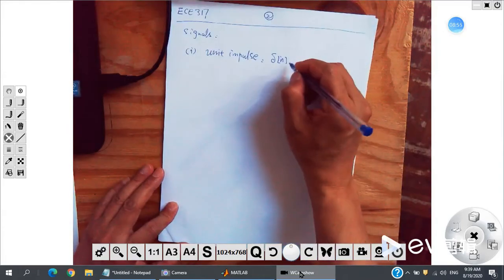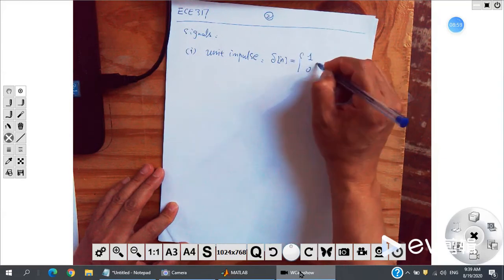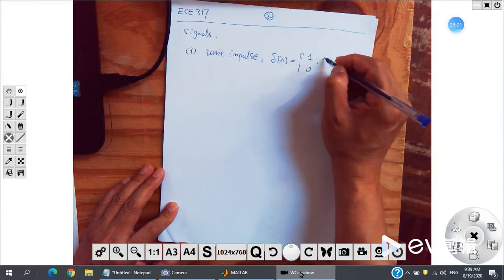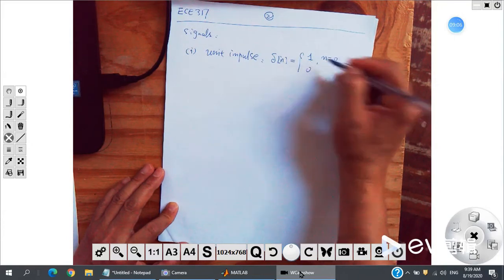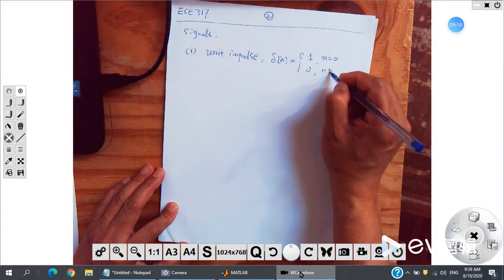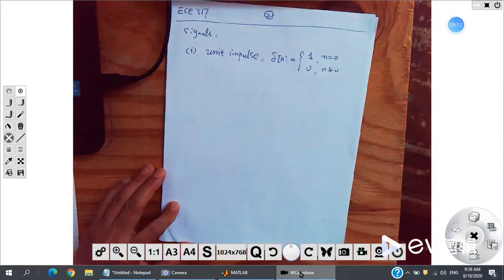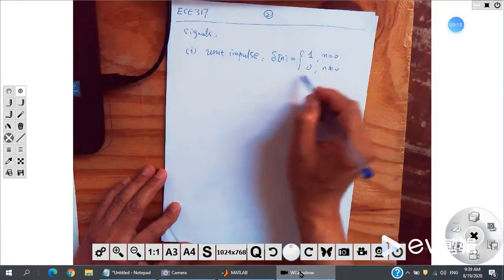Its value will be 1 or 0. Only when n is 0, delta has value 1. For all the other n's, the value of delta is 0. So this is the unit impulse.